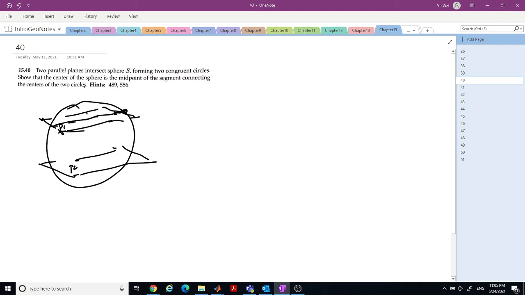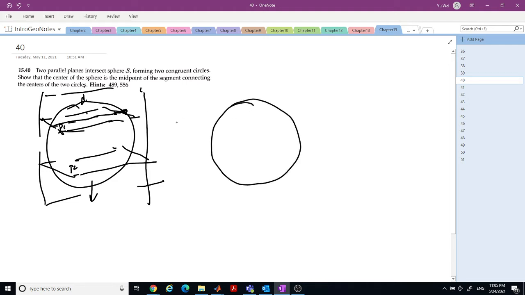If you cut through the center, along the diameter from the top to the bottom, right? Then you cut like this, okay? Then what you can see is a circle, right? Then for this plane, the intersection will have its diameter, the circle diameter here.